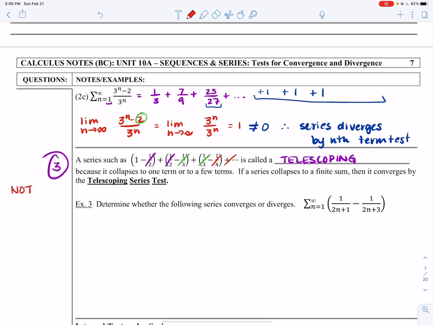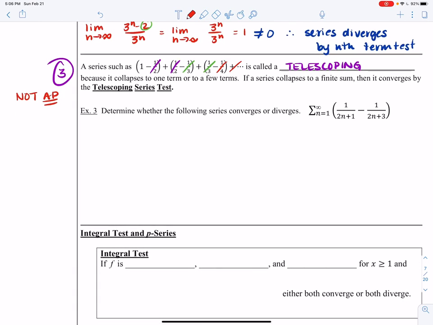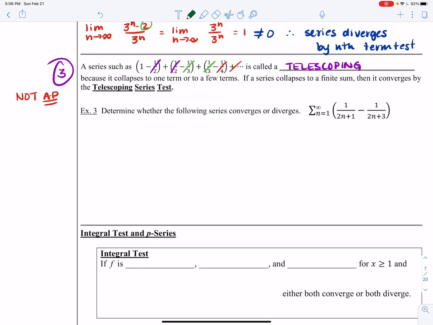Now, some things you should know. This is not an AP topic, but you can use this on the AP exam. A telescoping series is called a telescoping series, and I'm going to draw a really bad example of this, because if you've ever watched Pirates of the Caribbean, like the old spyglasses that they used to have, you know how you'd have this spyglass, right?